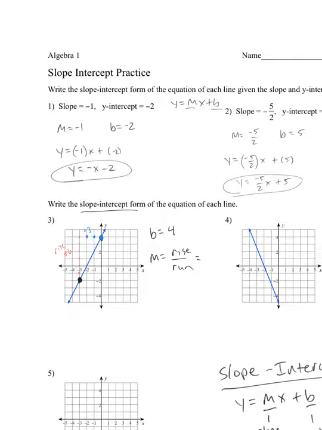So the slope was rise 6 over run 3. 6 over 3, we know that reduces to 2. 6 divided by 3 is 2. So this line, if we substitute in 2 for m and 4 for b, its equation is just y equals 2x plus 4.